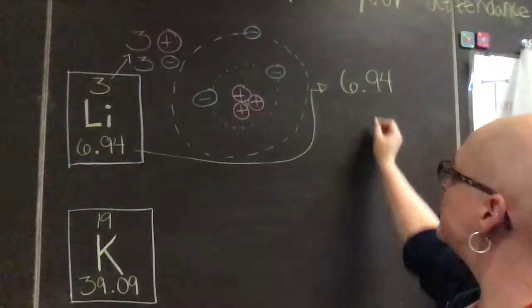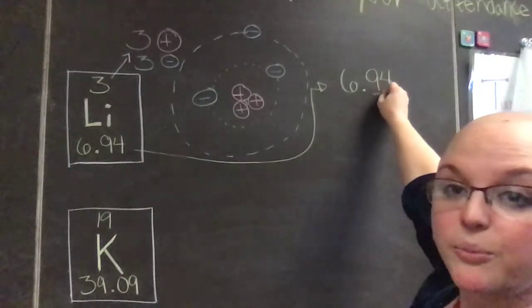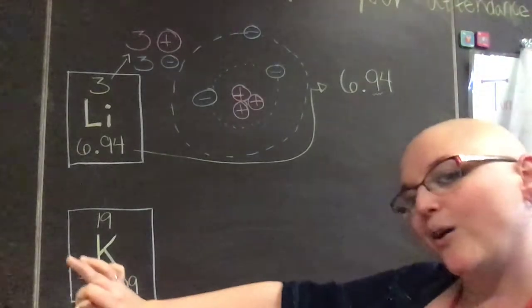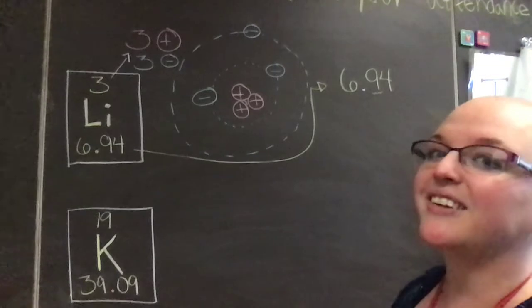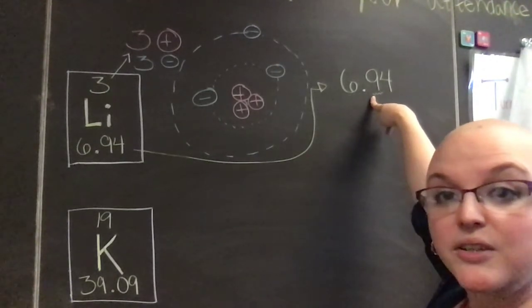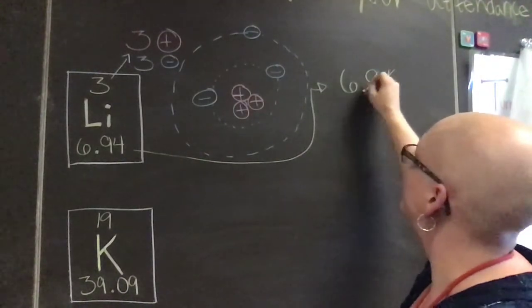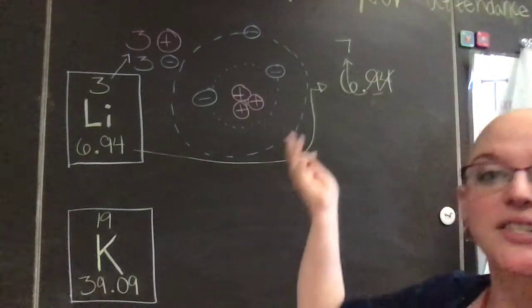We're going to start at the decimal and move over here. Remember, if it's 4 or below, let it go. But if it's 5 or above, give it a shove. 9. That's greater than 5. So we need to give this a shove. We're going to shove it up to 7. So we just rounded to the nearest whole number.